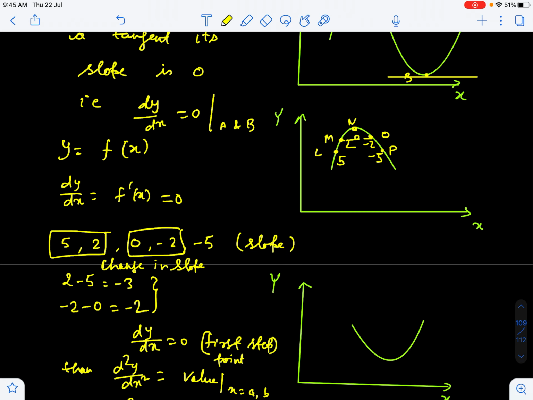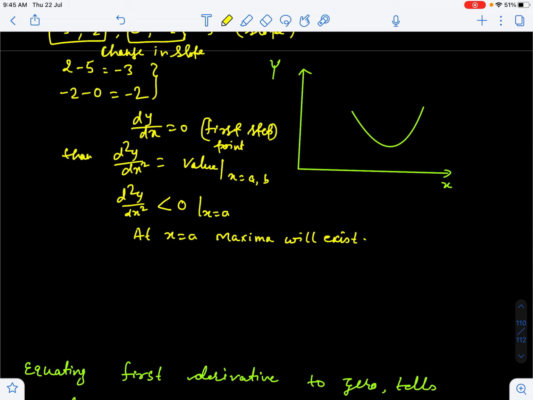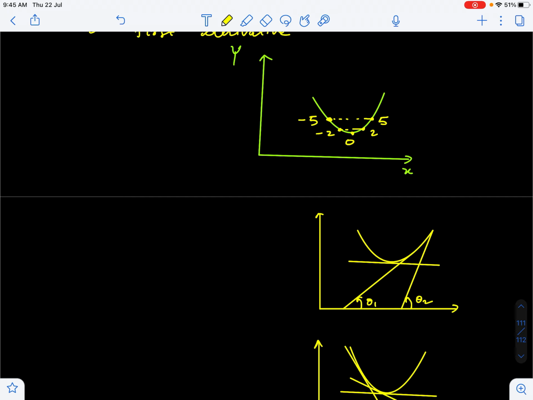These minus 5, minus 2, 0, 2, 5 are the slopes at the points.